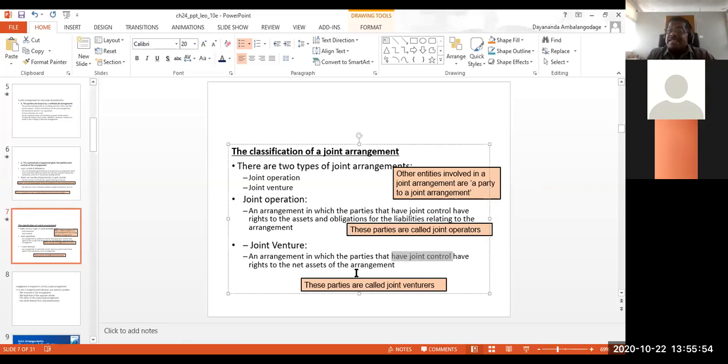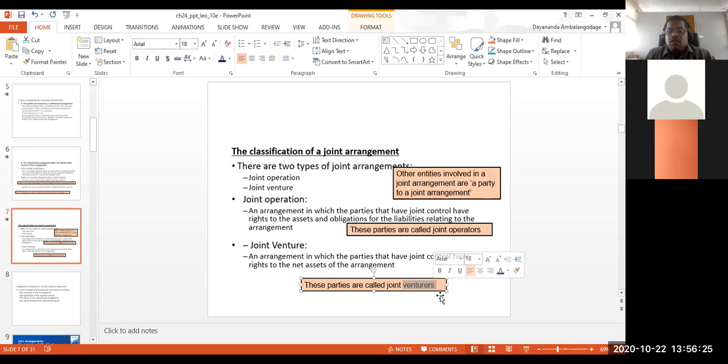Net assets means the equity. You have access to the equity. We call them joint venturers.